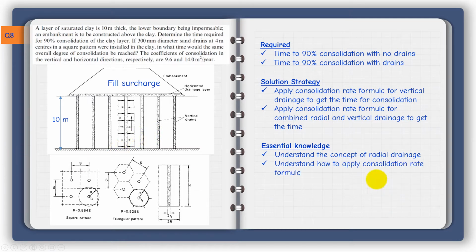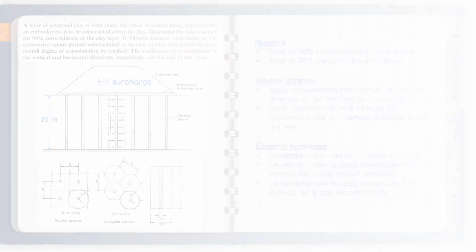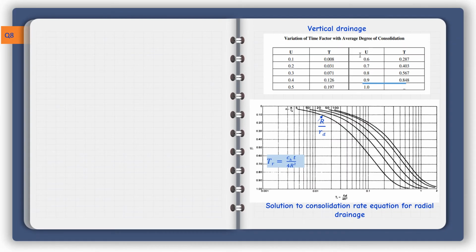We need also to understand how to apply the consolidation rate formula, and obviously how to apply the consolidation rate formula for radial consolidation. Let us see how we can solve this problem.